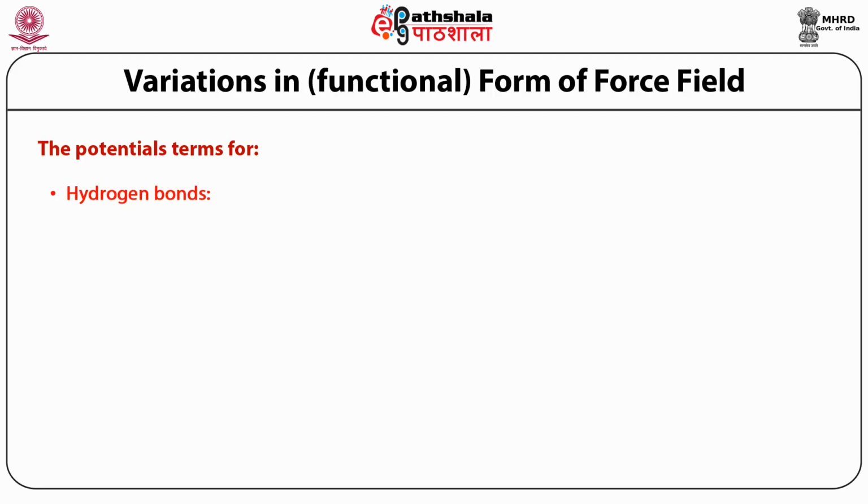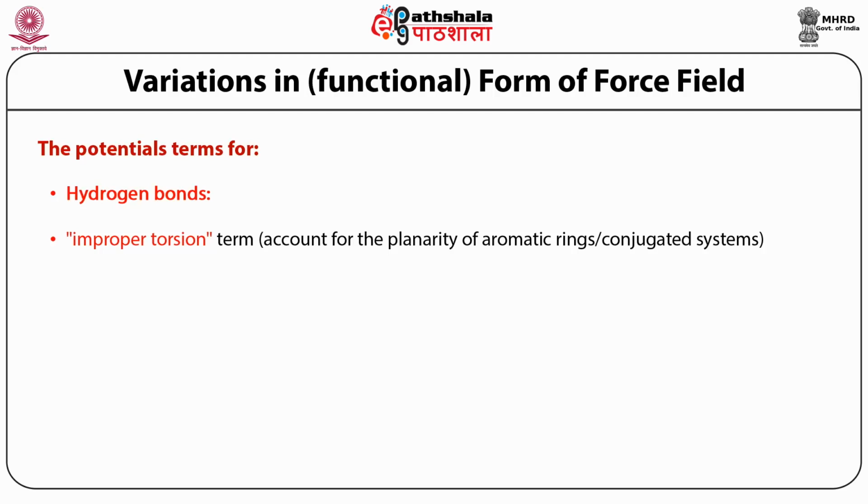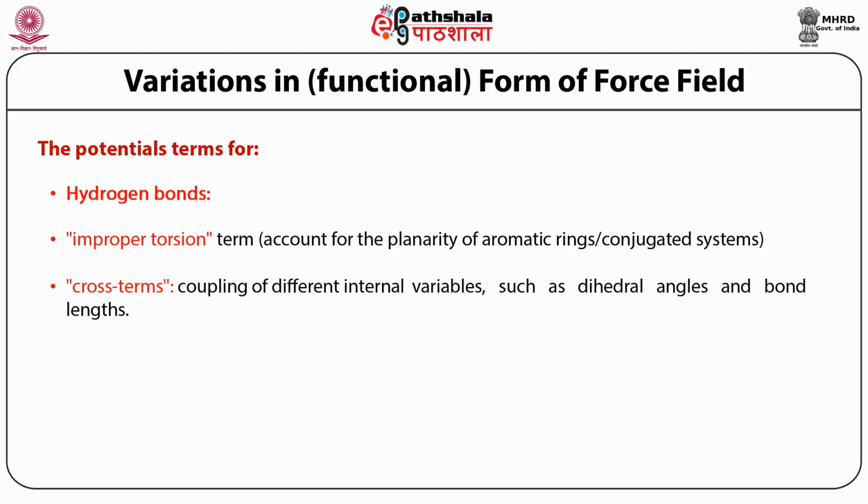And most of the potential functions need to take care of something called improper torsion, which plays an important role because of the planarity of aromatic rings and the planarity of peptide bonds, like conjugated systems, etc. And this torsion is specifically taken care of, as will be shown next. There are other terms as well, called cross terms, like interaction between dihedral angle and bond length or bond angles. Those also sometimes play an important role and one can introduce them in our energy expression.